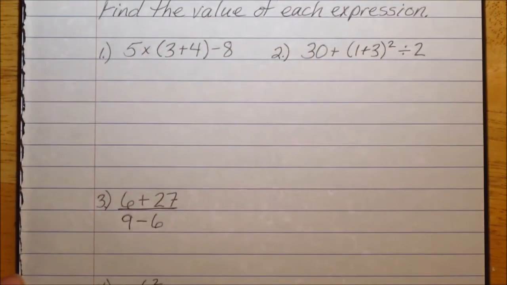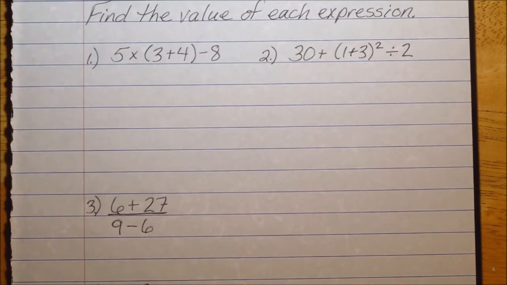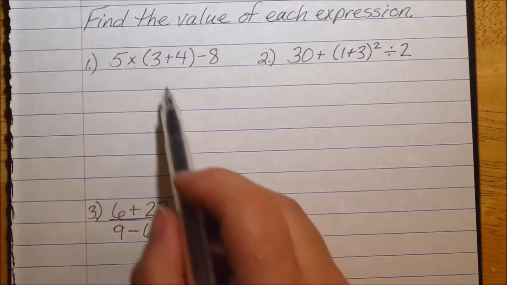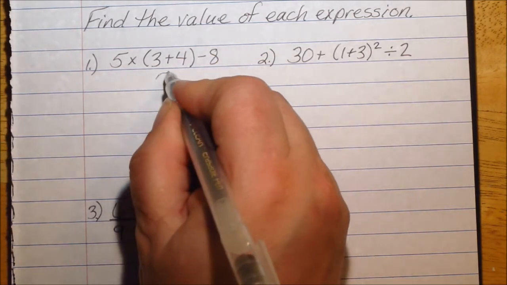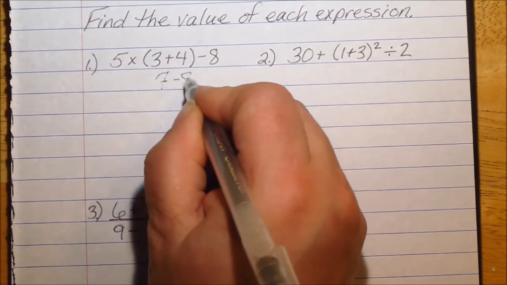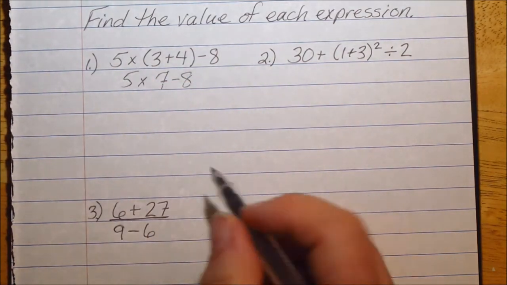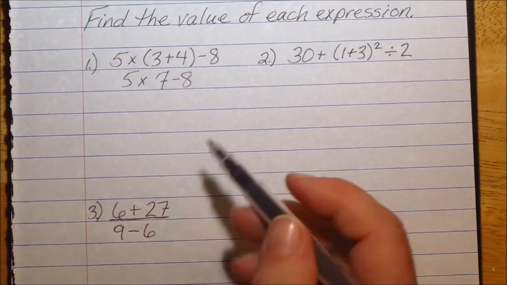All right, so we're going to find the value of these expressions. Number 1. First step in PEMDAS, order of operations, is grouping symbols. So I must take care of what's within these parentheses first. 3 plus 4 is 7. Bring down the rest of the expression. Now I'm looking for exponents. I don't have any. So now I'm looking for multiplying and dividing left to right.